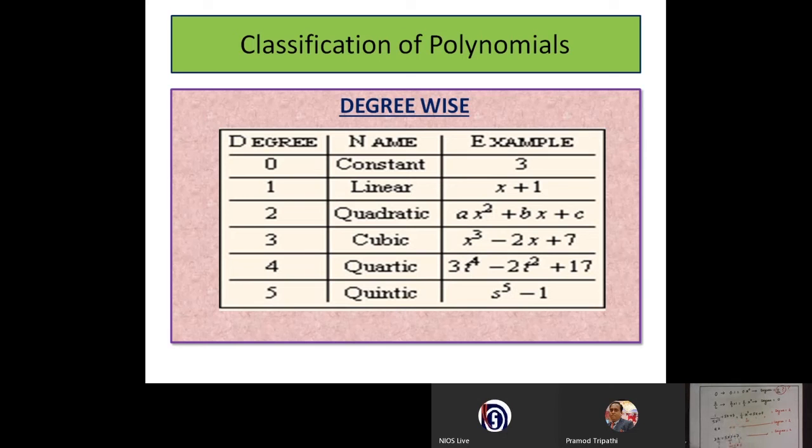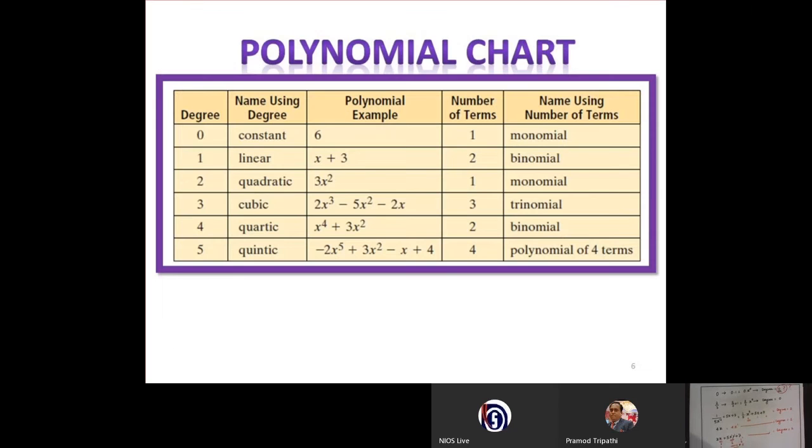So now we move to the polynomial chart. In this chart, the polynomials are written according to degree wise or term wise. One example we have taken here is 6.